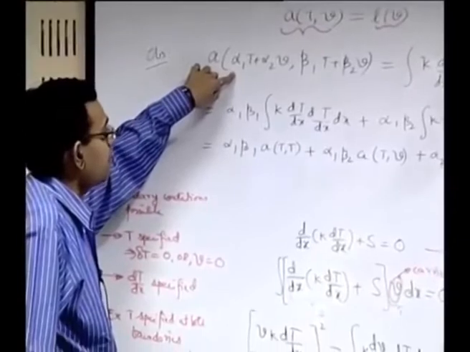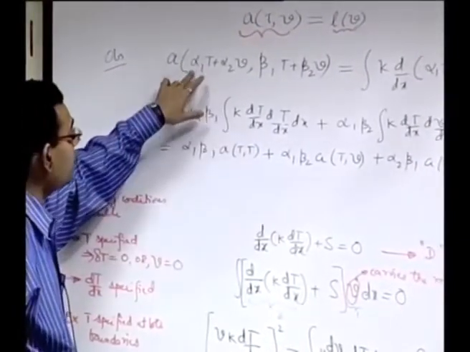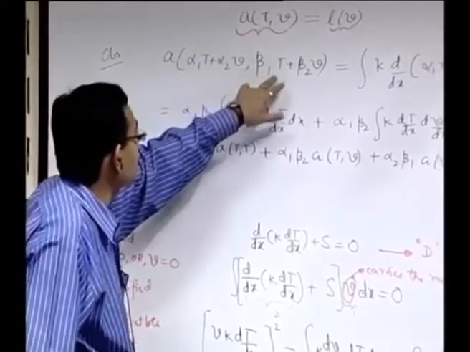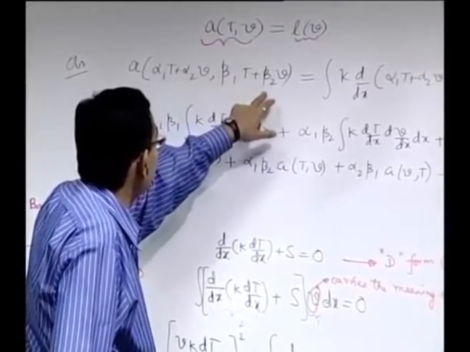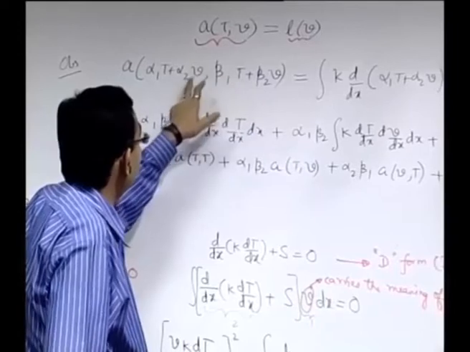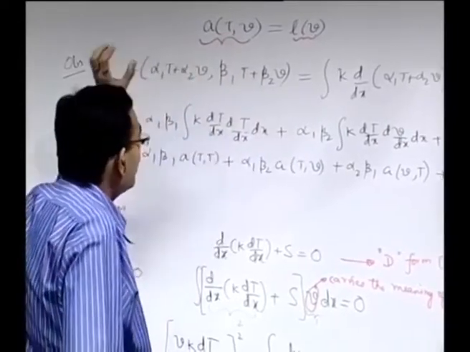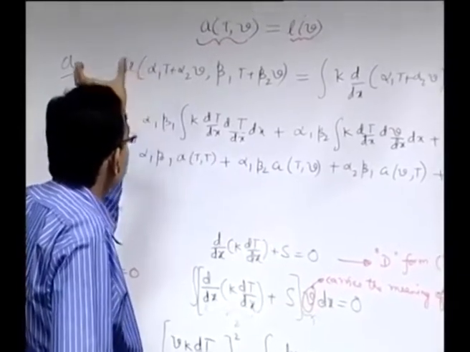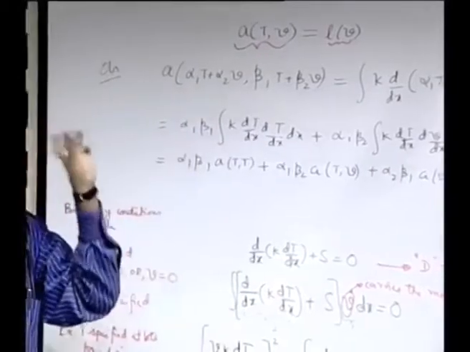So you can see that it is an operator which is linearly operating on each slot. It is like alpha 1 beta 1 into the first one, that is A(T,T), then plus alpha 1 beta 2 into A(T,V), plus alpha 2 beta 1 into A(V,T), plus alpha 2 beta 2 A(V,V). So it is an operator which is linearly operating on each of these slots, and that is why it is called a bilinear operator.